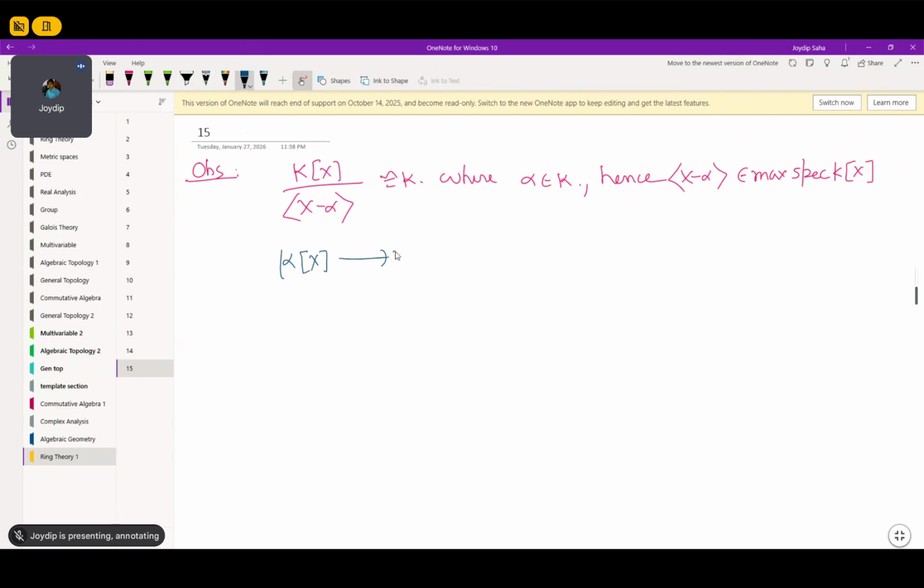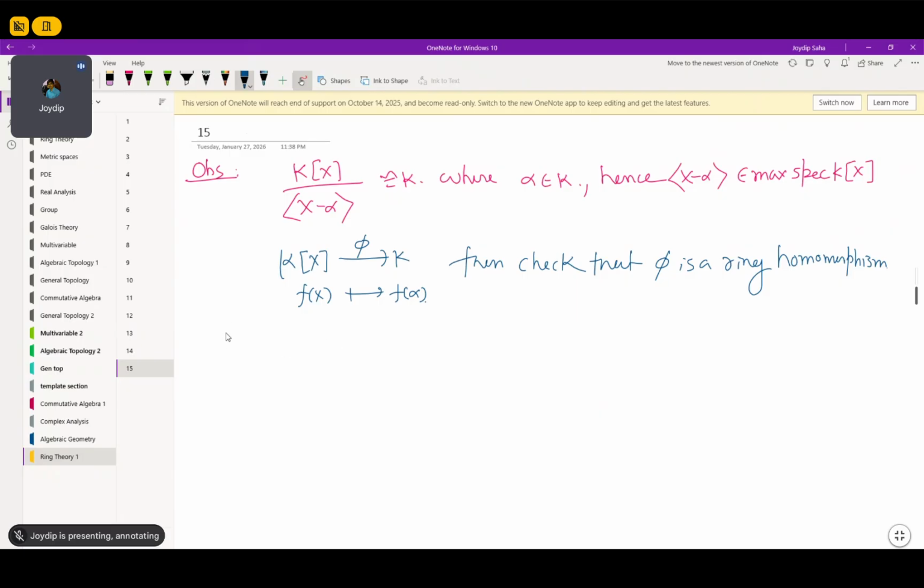Define a map phi from k[x] to k, f(x) goes to f alpha. Then check that phi is a ring homomorphism. In fact, it is a k-algebra homomorphism, which means the elements of k get fixed.